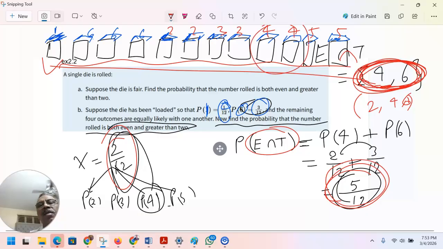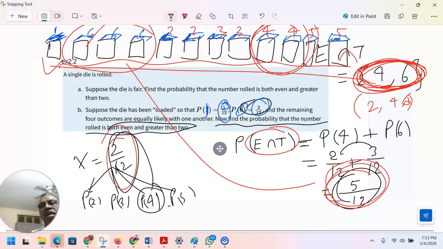So 4 is, these are 2, and these are 3. So altogether 2 plus 3 is 5. I hope that makes sense. It's a little confusing, but in any way, I just wanted to share the visual understanding of how it works. But there's a lot of algebra that you saw, and you may have gotten confused with that piece.